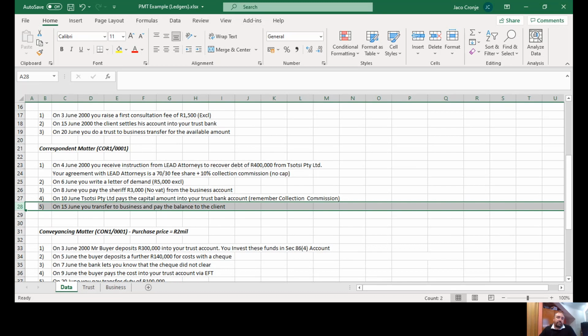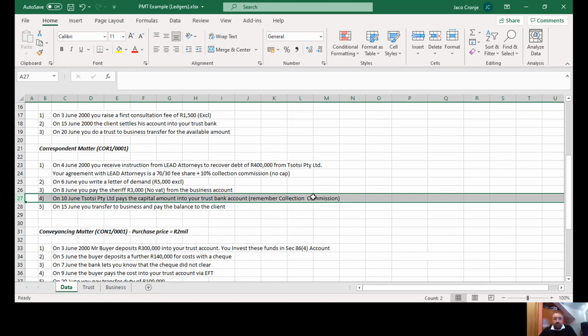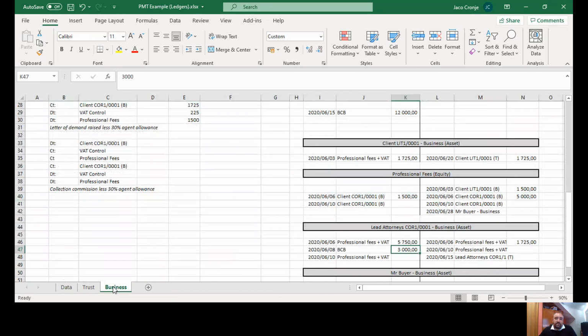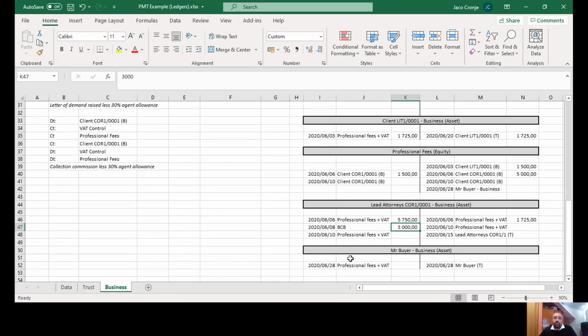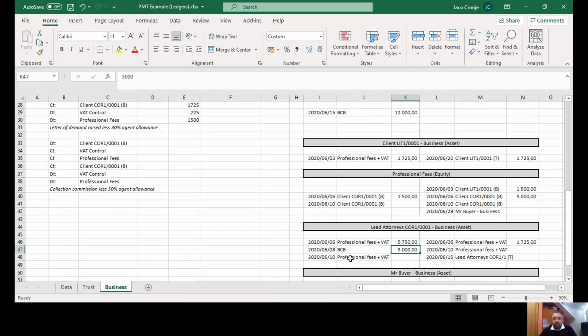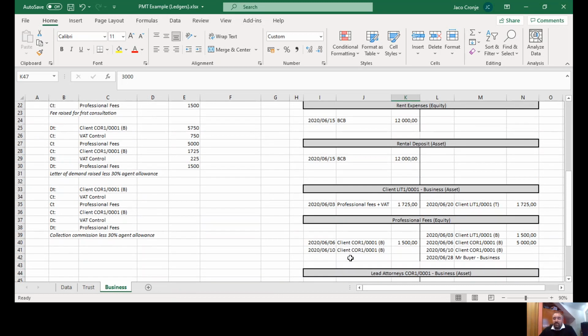Then on the 15th of June, you transfer, you see, one step back. Remember collection commission. I already forgot that. Okay, right. So collection commission is 10% of the amount received with no cap. Okay, so how much will my collection commission be, excluding VAT, my part that I get?